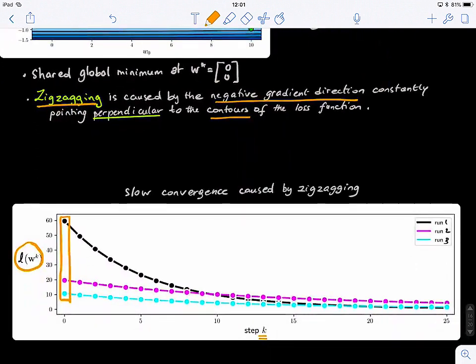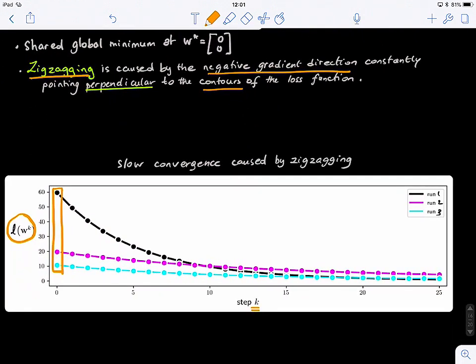You can see that for the first one, we have a very nice decrease. But then at this level, because of the zigzagging, the loss is slowly decreasing. This is what we call the crawling process. The loss is very slowly decreasing. It's taking a lot of time to get there.